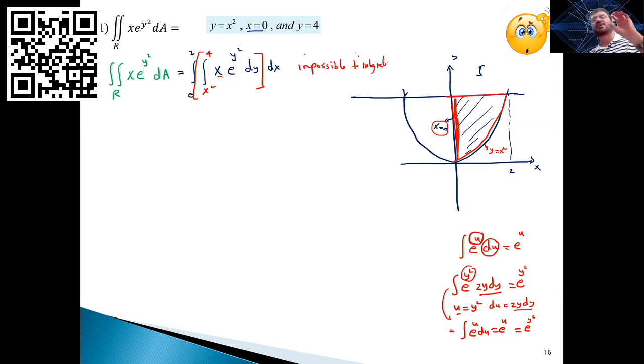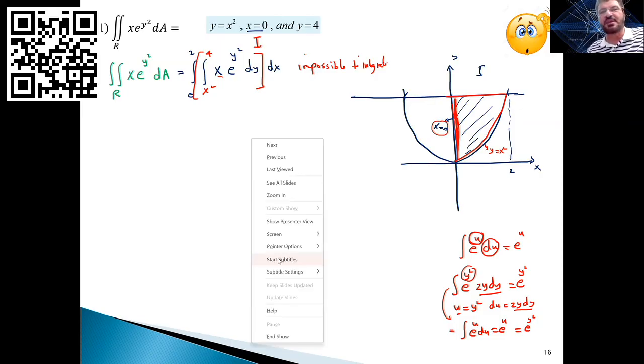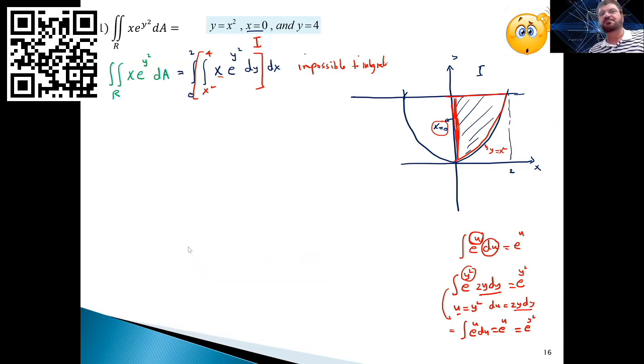So what do we do? Let me try to switch to region of type 2. So now this is a region of type 1. Now I'm going to switch to region of type 2. So I'm going to change the color, take the blue one, and I'm going to take my sector starting from the bottom and moving all the way up. Fine. So the line now is a horizontal line.